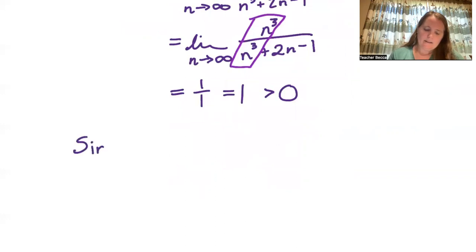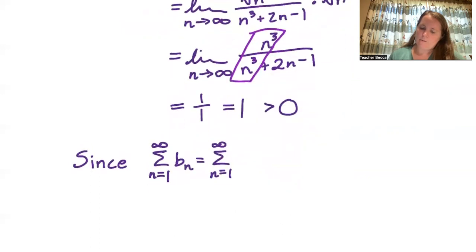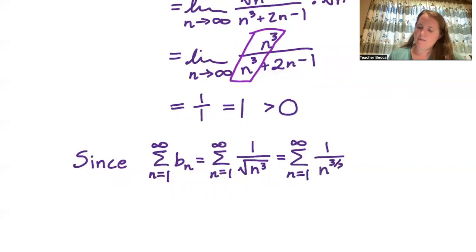And since the sum from n equals 1 to infinity of b sub n is just the sum from n equals 1 to infinity of 1 over the square root of n cubed, which is equivalent to the sum from n equals 1 to infinity of 1 over n to the 3/2, this converges.